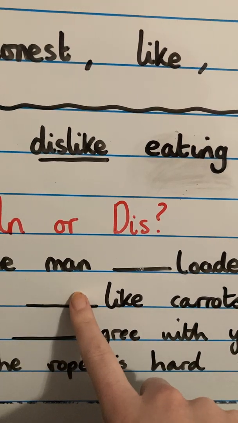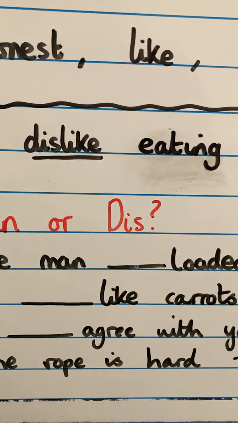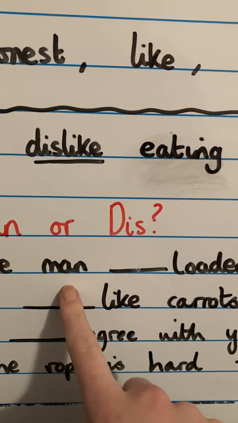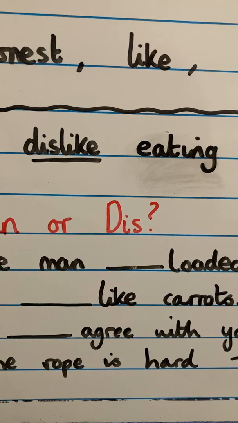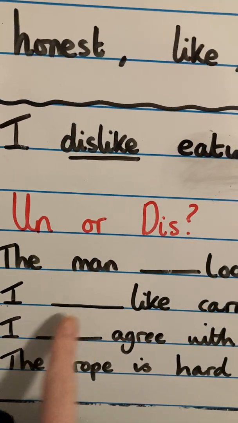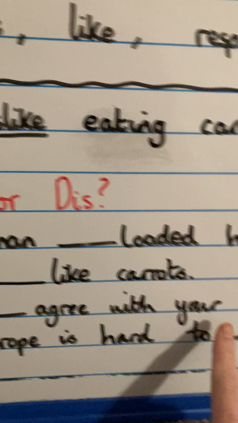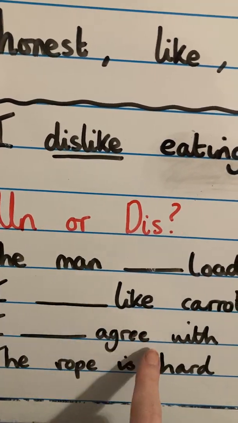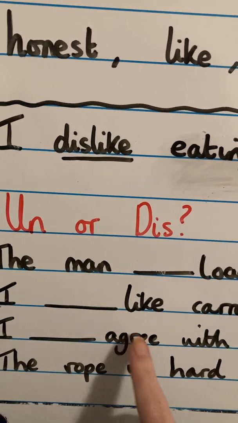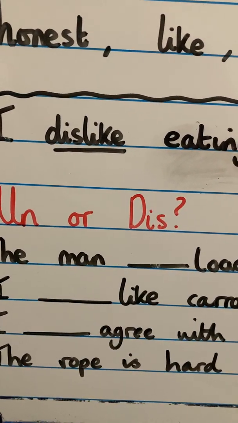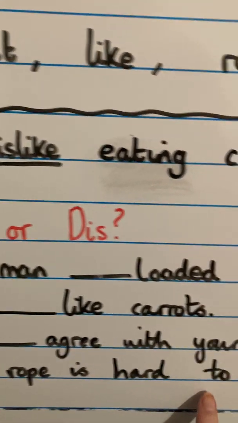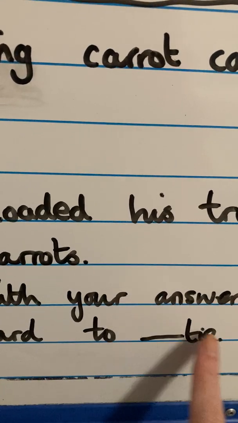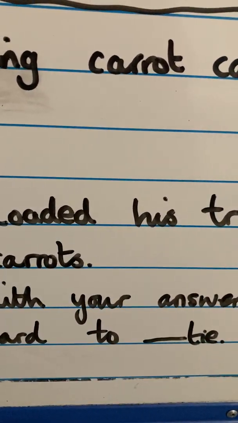I, something like carrots. Is it going to be I unlike carrots or I dislike carrots? I blank agree with your answer. Is it going to be I unagree or I disagree? And the last sentence is the rope is hard to tie. Is it going to be untie or distie?